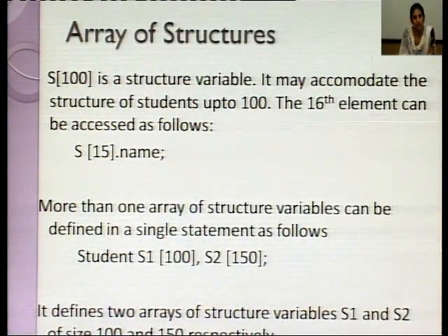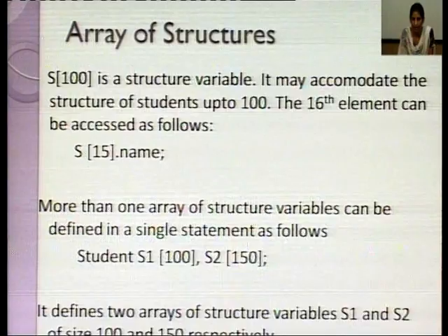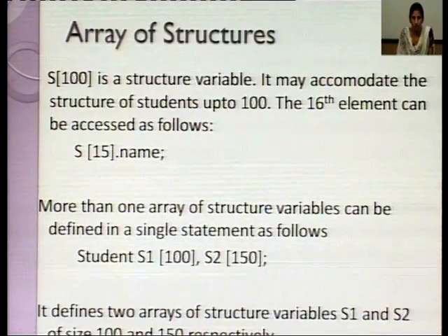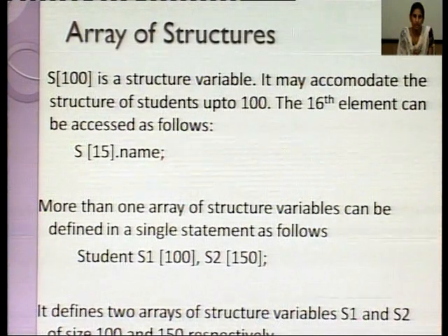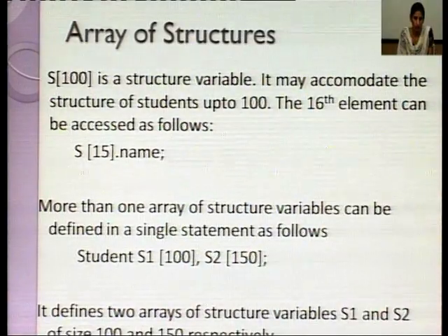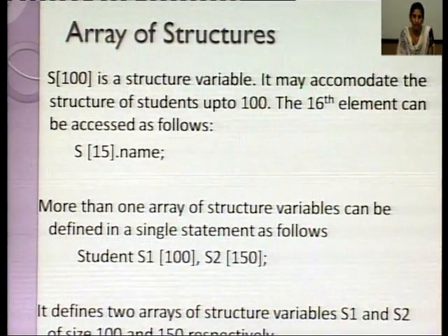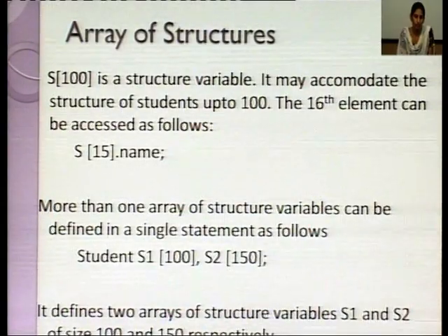More than one array of structure variable can be defined in a single statement as follows. Suppose we want to keep record of 100 students of one class and 150 students of another class, then we need to declare it as student S1[100], S2[150]. S1 will represent the class having 100 students, and S2 will represent the second class that will have 150 students.